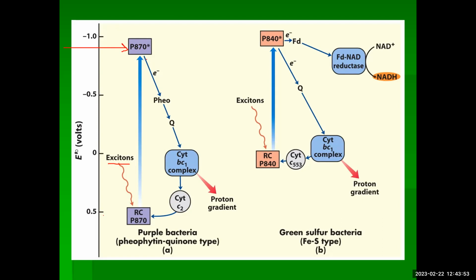So this electron goes to an electron transport chain that includes phaeophytin and the quinone, and then to a cytochrome bc complex, to a C-type cytochrome back to the reaction center chlorophyll. In doing so, it creates a proton gradient, and this particular photosystem is used to make ATP.